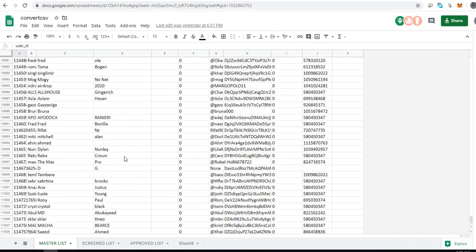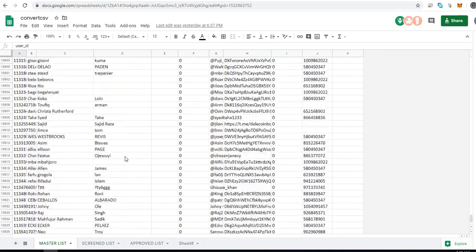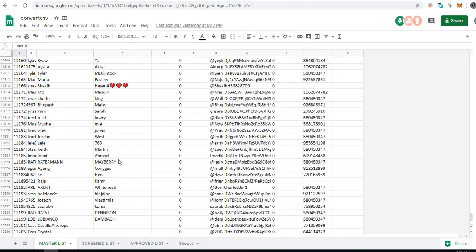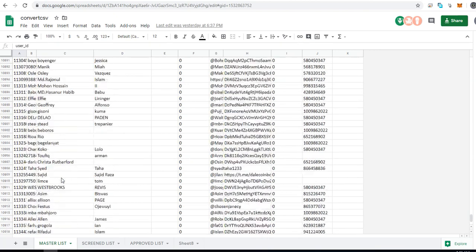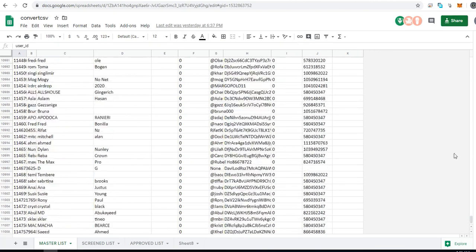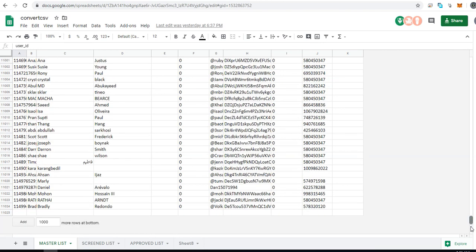So these were all the names that we screened, right? This is the master list. If you check the spreadsheet, you see the master list. This is the total names that we screened, over 11,024. Now, these are the screened list.